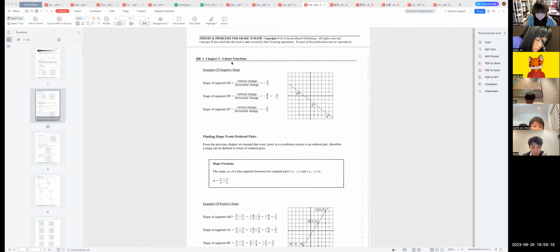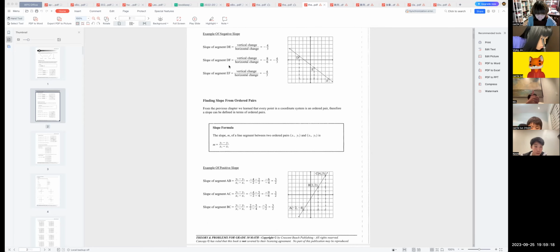小朋友们抄下来了吗？Okay, so when we copy down, you can see on this line, A is (-2, -4), B is (2, 2), and C is (4, 5).